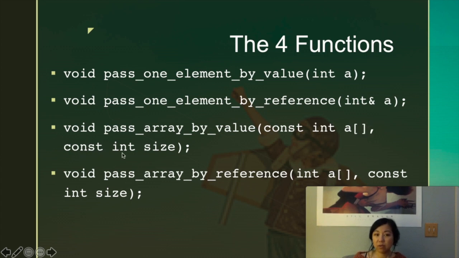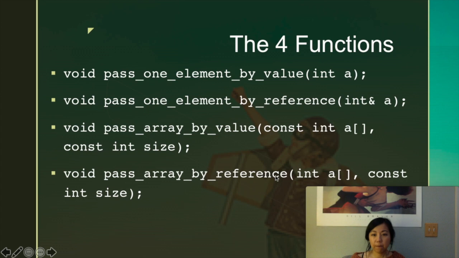Also very important is we need to pass in the size of the array, because like we talked about in the last video, the size of the array is not known by the compiler, so you need to keep track of it. And when you do anything to the array inside this function, you have to keep track of which index of the array you are manipulating.